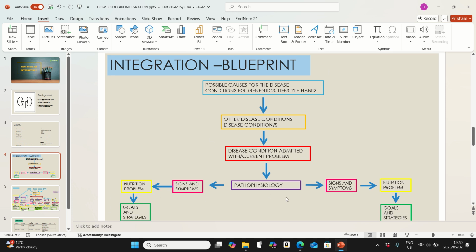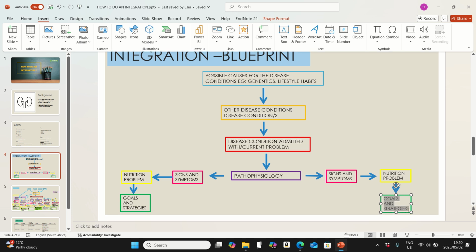On your integration, I like putting everything on it, including your goals and strategies, which is something I never really used to do before I learned this method, which was actually taught to us by one of our supervisors.